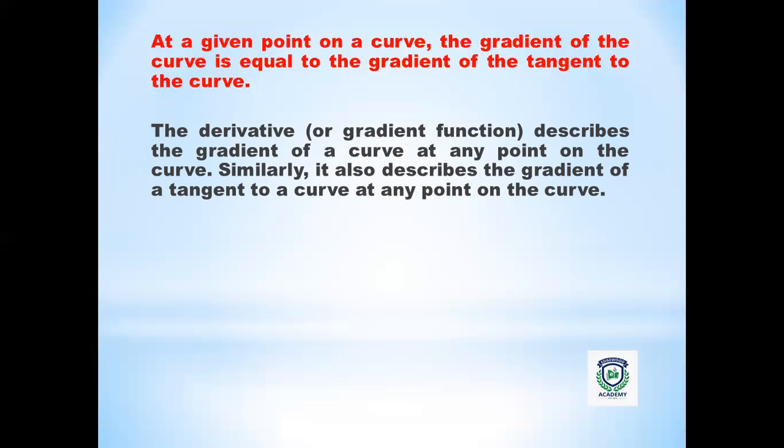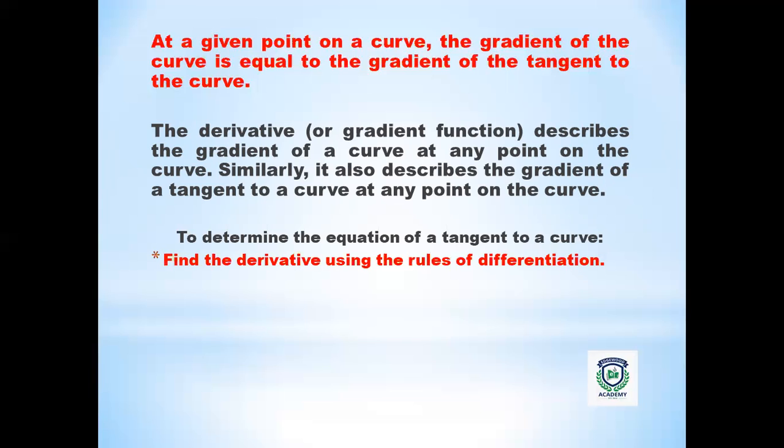Similarly, it also describes the gradient of a tangent to a curve at any point on the curve. To determine the equation of a tangent to a curve, you need to look at the following steps.